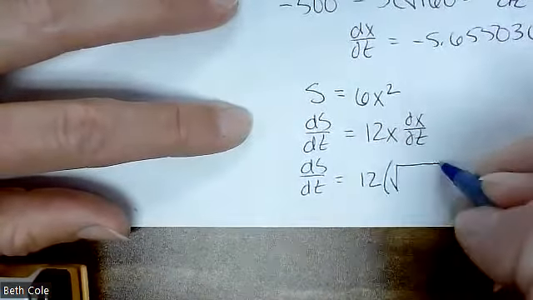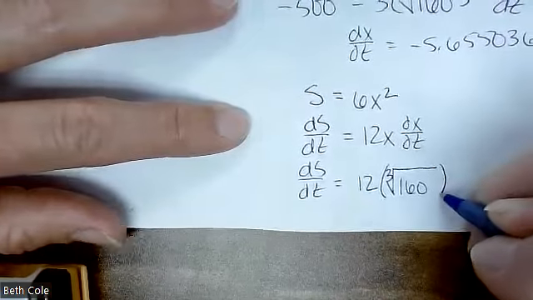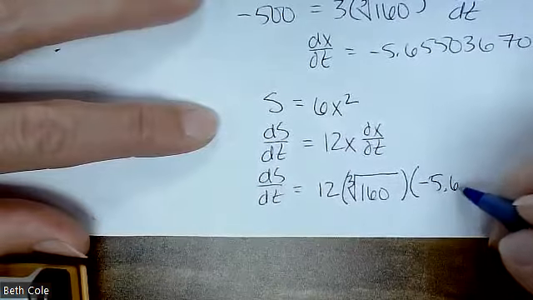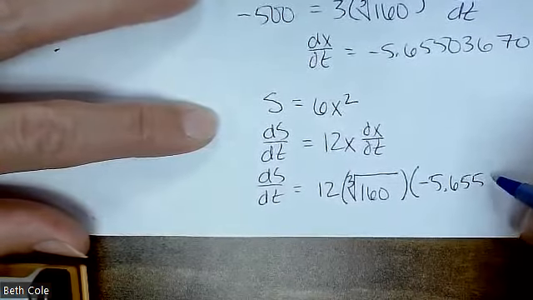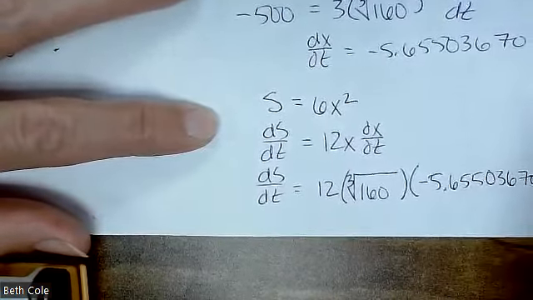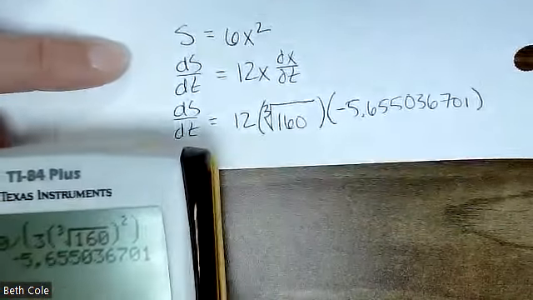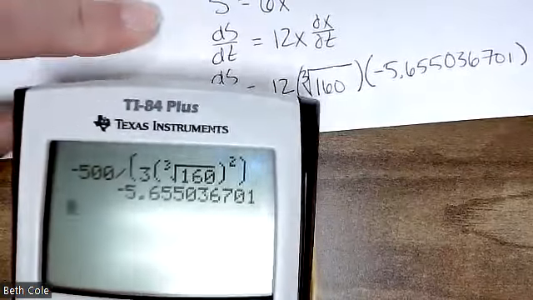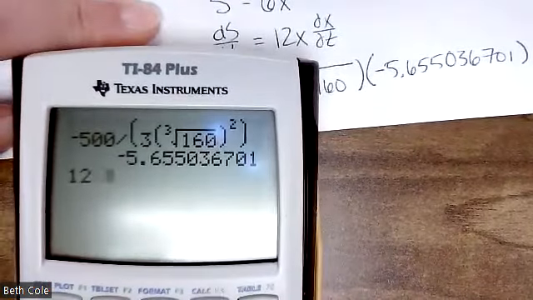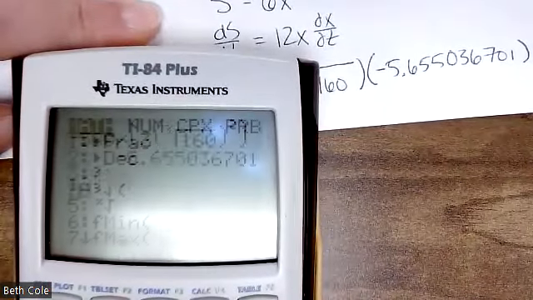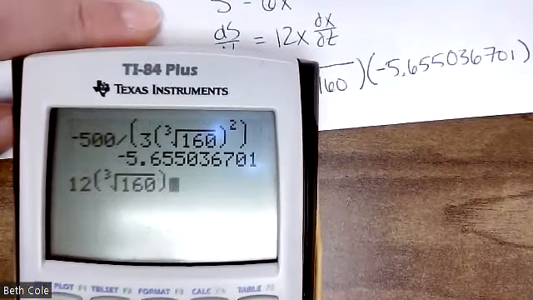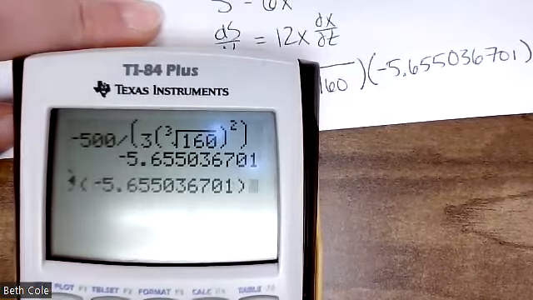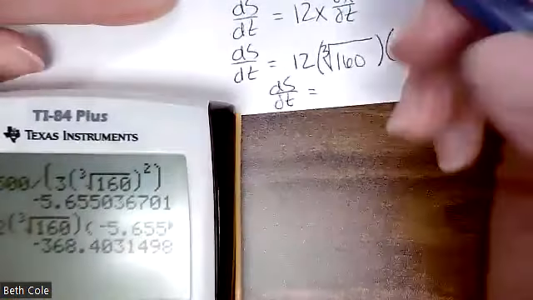X was cube root of 160. And then dx dt is that big decimal here that we got in the other problem. So I'm just going to type all that in. So it will be 12 times cube root of 160 times, let me go and get that number. And there we go.